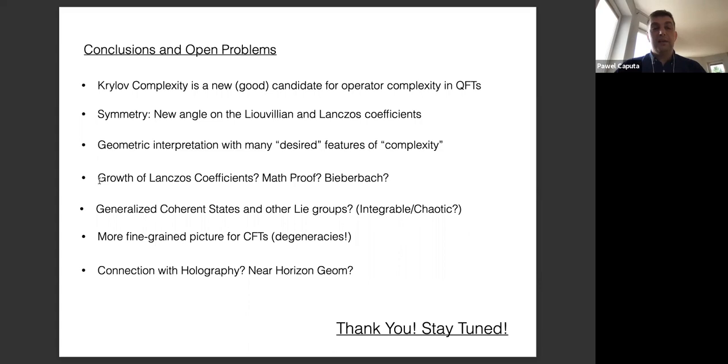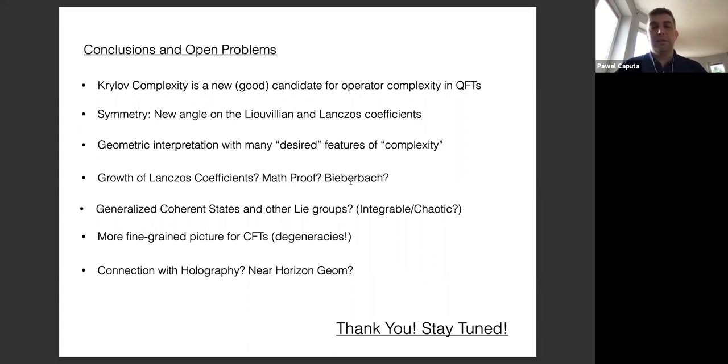And finally, there are more mathematical questions about this growth of Lanczos coefficients. Can we make some mathematical proof? It seems like the problem is well defined. From the mathematical perspective, we have certain functions, let's say these autocorrelators, and then we can expand these autocorrelators in terms of moments, and moments are related to these b_n's.